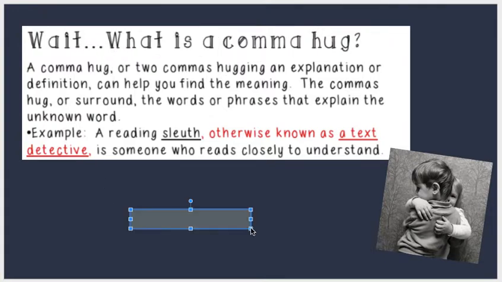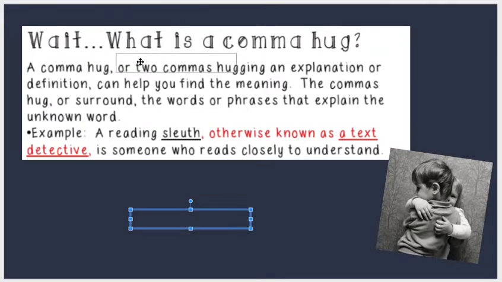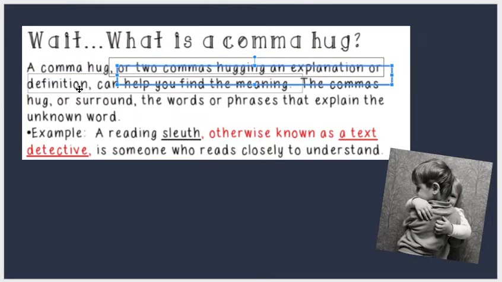First we've got that top one. It says a comma hug, and then there's a comma, or two commas hugging an explanation or definition, and then it ends with a comma, so there's your comma hug. Can help you find the meaning. See how it sticks right in there and gives you a definition with two commas?